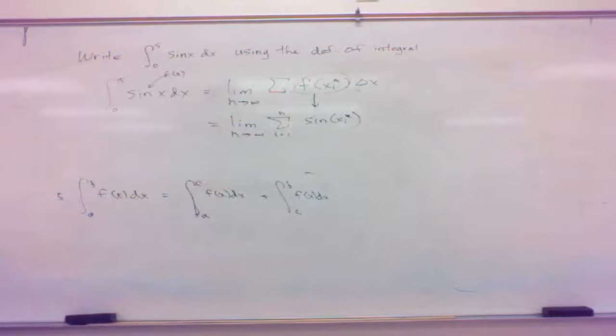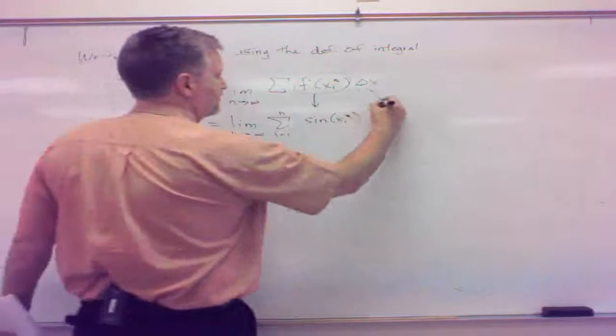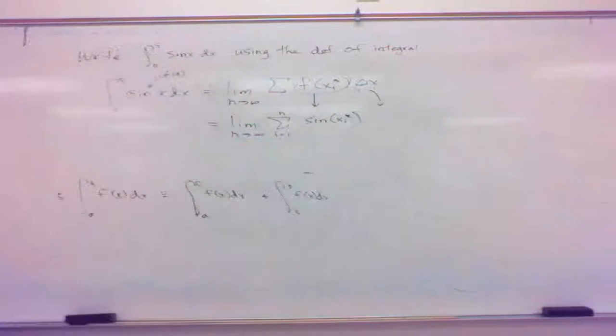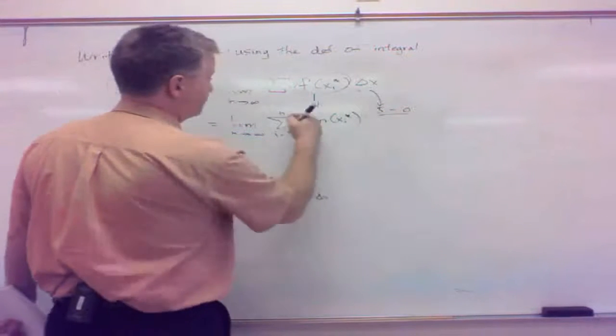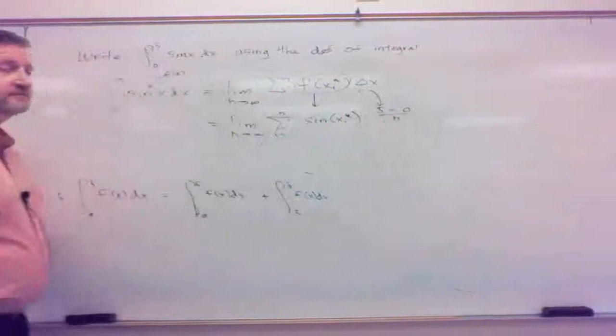I don't know what I'm going to plug in, but it's going to be sine of whatever I want to plug in. Now, the other thing we could go ahead and do, what's my delta x? Well, delta x we know is b minus a over n, but what's my b and a here? 5 and 0. So what is b minus a over n going to be? Well, I know it's 5 for b, 0 for a. Now the n is varying, so it's still n.